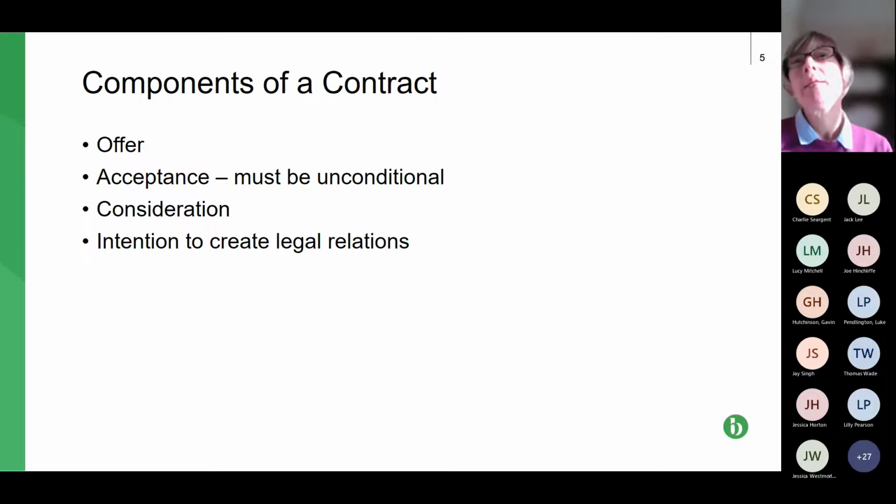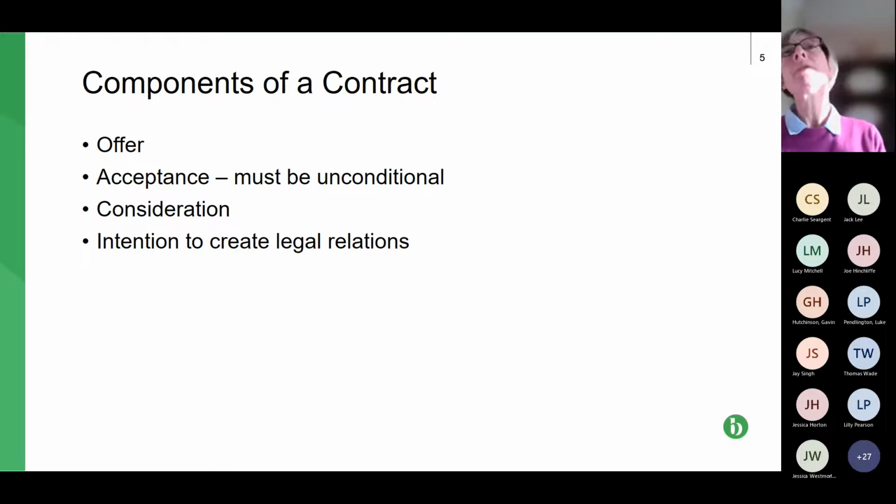There must be an intention to create legal relations. Now, you might just think, well, let's ignore that. It becomes very relevant with things like letters of intent, and we'll see that later on. And also, typically, you're all working for organisations, construction companies.